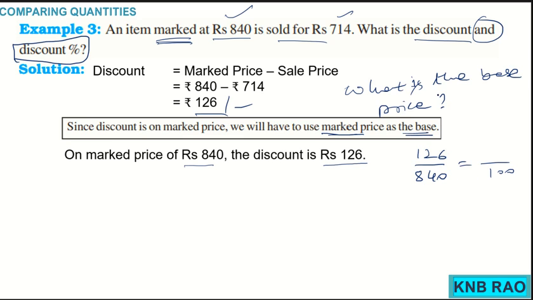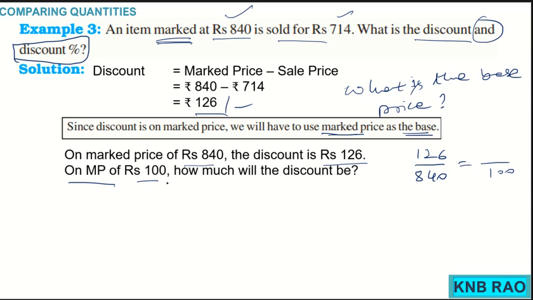Do you know how to convert it? Very simple. On an MP of rupees 100, how much will be the discount? So I will multiply this fraction by 100 with the percentage symbol, which gives me the percentage. Simple.